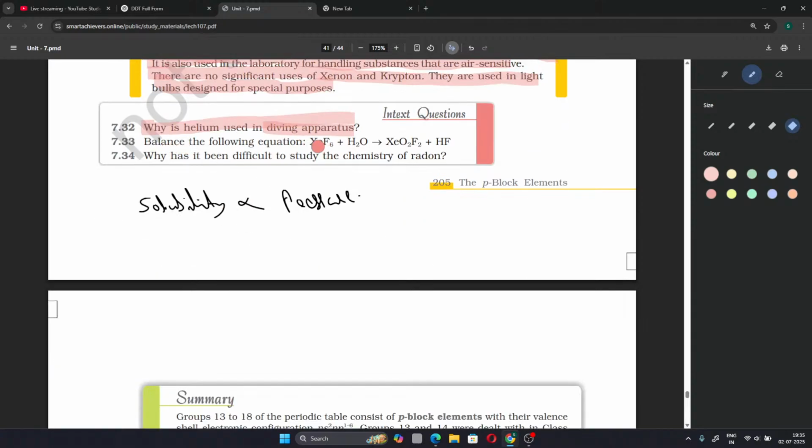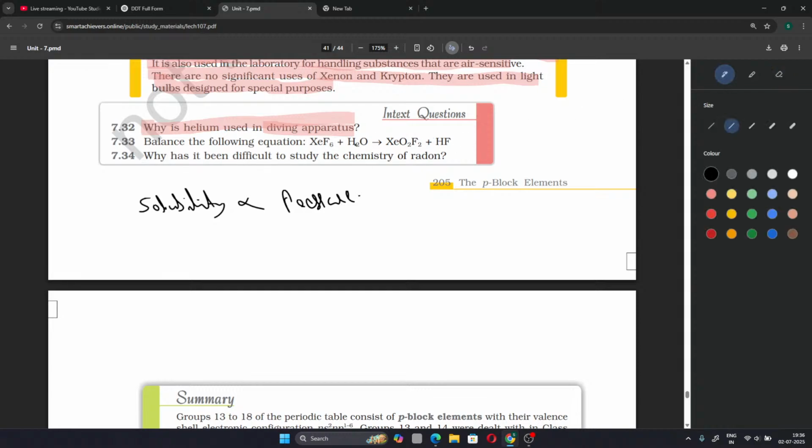Balance the following equation: XeF6 plus H2O gives XeO2F2 plus HF. Okay, 2 here, 2F, and as for oxygen, I think this is not 2.